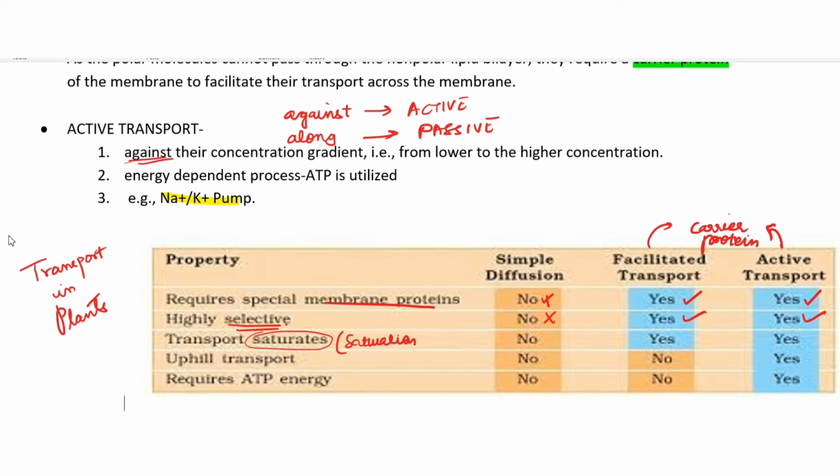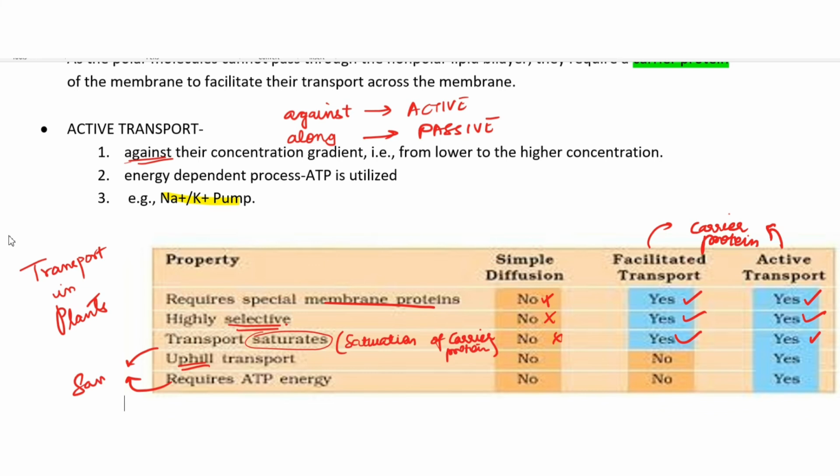What does saturation mean? The ability of the carrier protein to carry that molecule across the membrane. Simple diffusion does not have a membrane protein itself, so how does the transport get saturated? But yes, for facilitated transport and active transport.